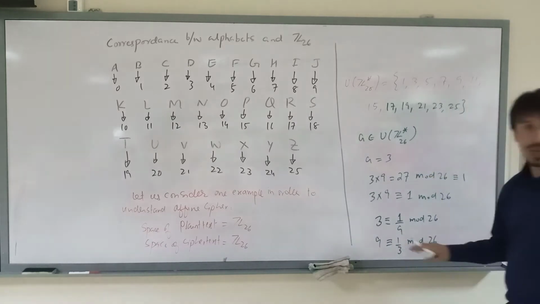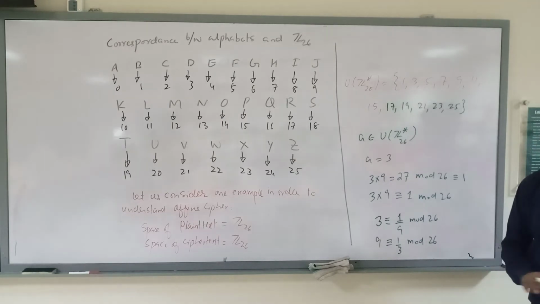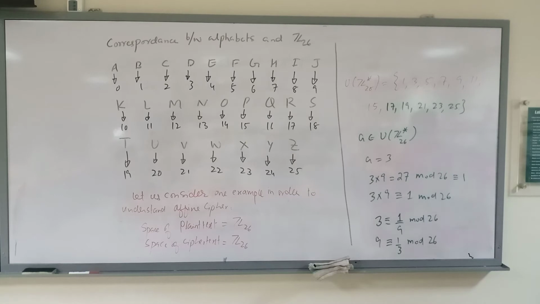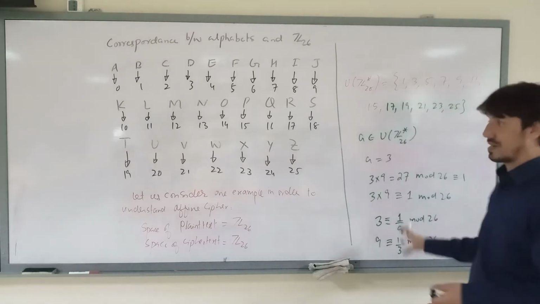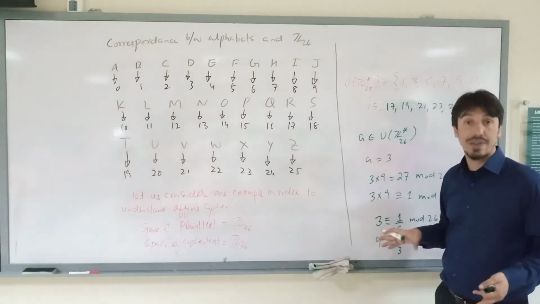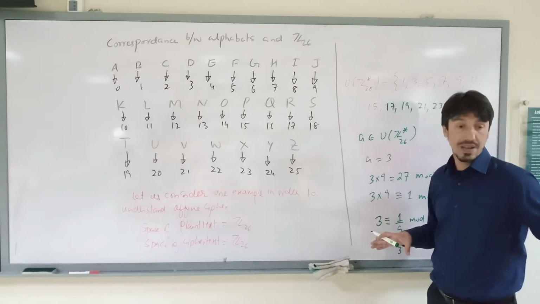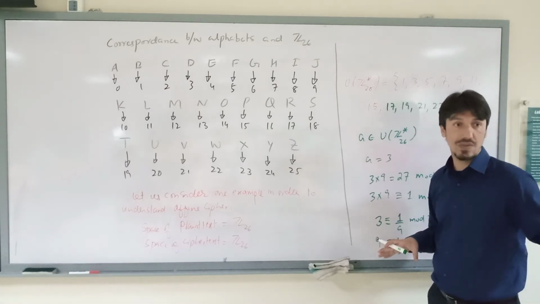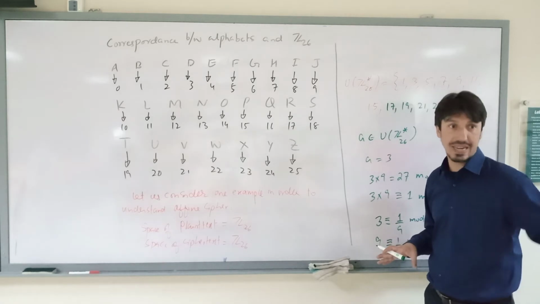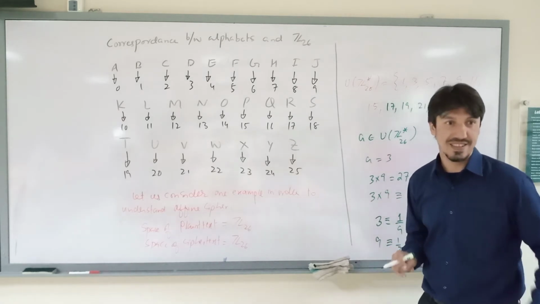In that way we can get rid of fractions in calculation, because there is no fraction in the modulo classes Z26. So I have to eliminate the fraction in the affine cipher decryption function, so I write A inverse, putting the inverse of that element instead of the fraction.